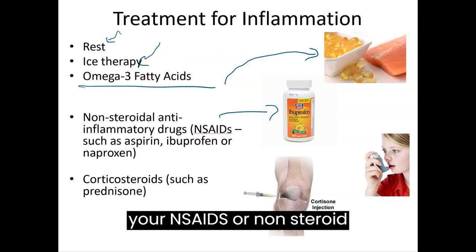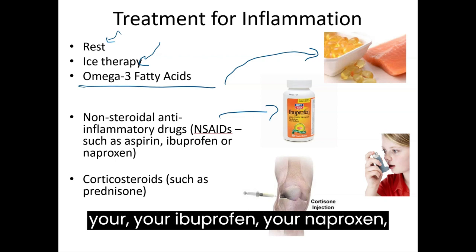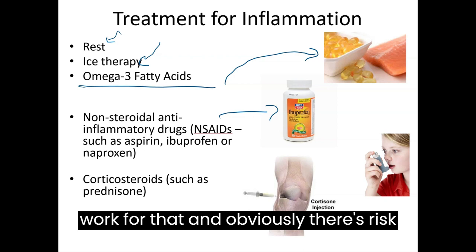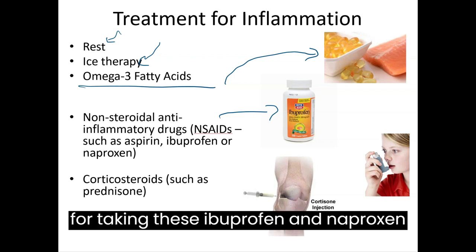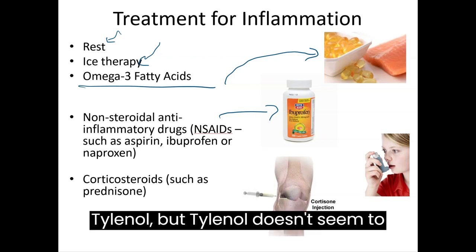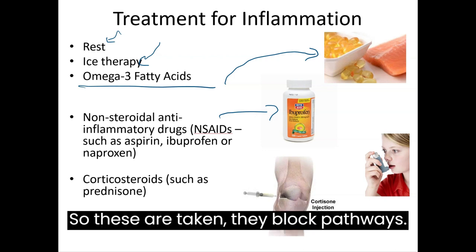Now, if you're in the acute phase, you probably want to take something to block those inflammatory chemicals. So your NSAIDs, non-steroid anti-inflammatory drugs. So this is your ibuprofen, your naproxen, aspirin. These are the main ones that work for that. And obviously there's risk for taking these. Ibuprofen and naproxen can be tough on your liver. So can Tylenol, but Tylenol doesn't seem to work as well as an anti-inflammatory. So these are taken, they block pathways.